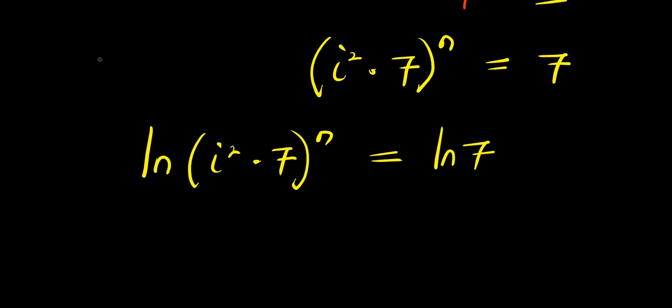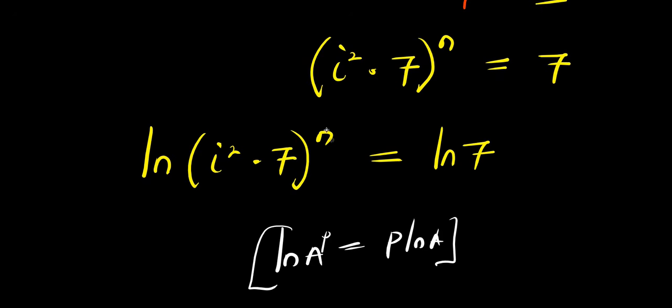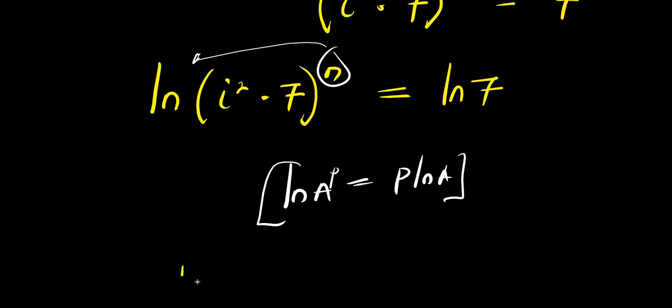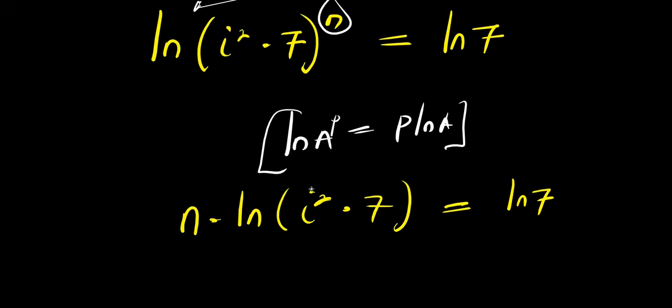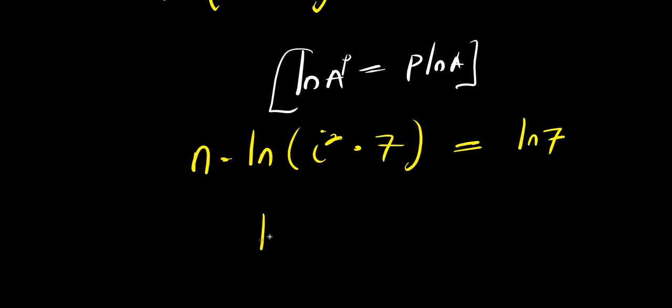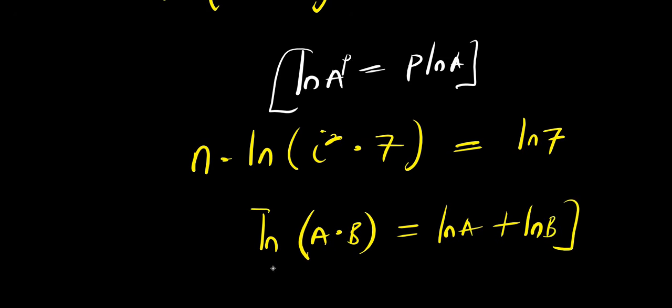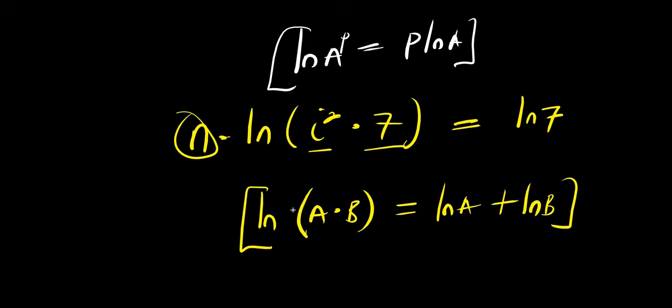Now remember, if you have natural log a to the power p, it equals p times natural log a, so the n comes behind this. So you have n times natural log of (i squared times 7) equals natural log 7. And if you have natural log a times b equals natural log a plus natural log b, this is my a, this is my b, and this n is outside here.